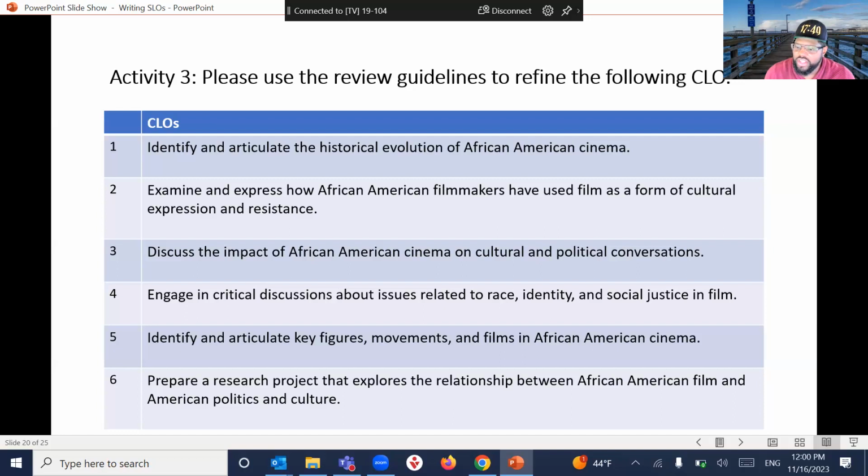So I was fortunate enough, when I came up with these outcomes, to have them looked at and reviewed and get some good feedback. Just looking at a couple of them, there are a couple that have double learning objectives. For example, number one, identify and articulate, right? Those are 2 learning outcomes in one.